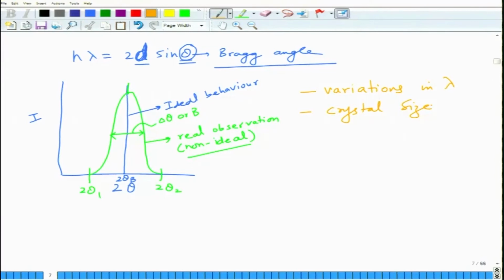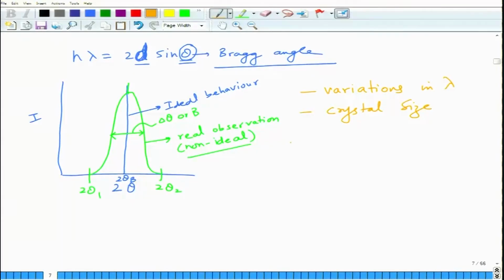If the crystal size is very small, consider the destructive interference at other theta values. At theta b, we have constructive interference, right, if the peak is diffracting, and at theta not equal to theta b, within the vicinity, you should have destructive interference, right.